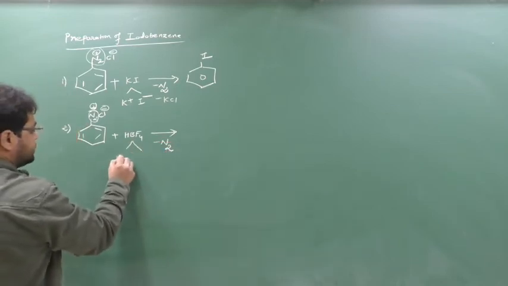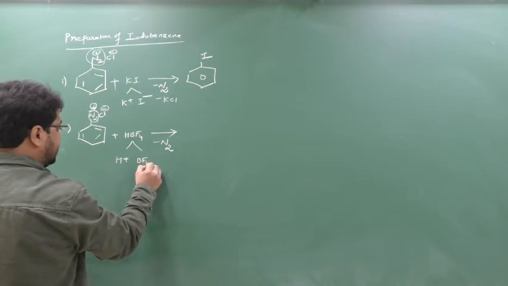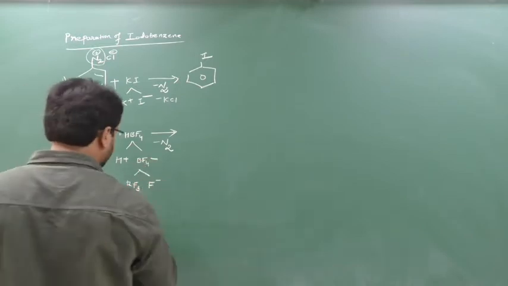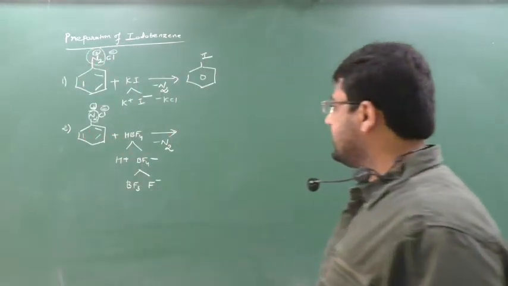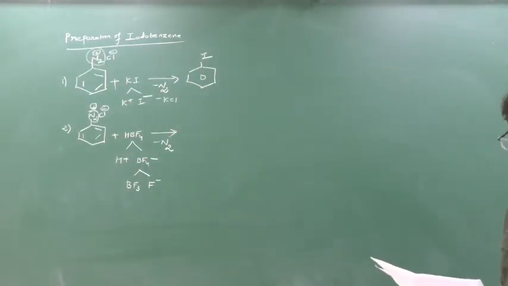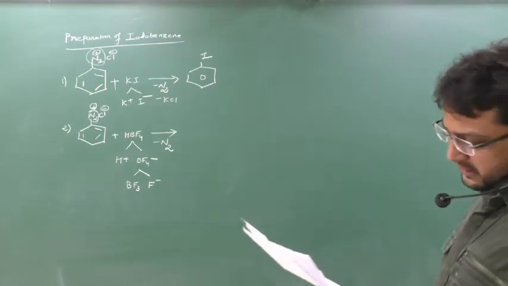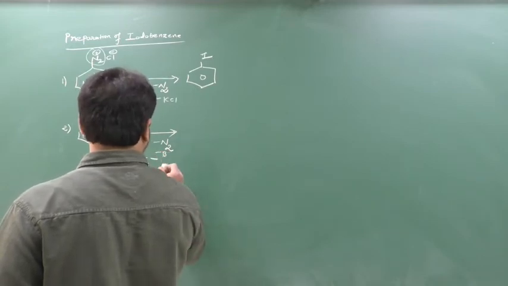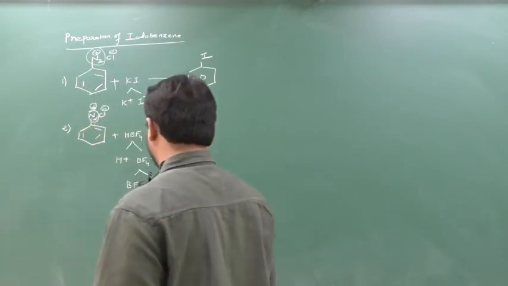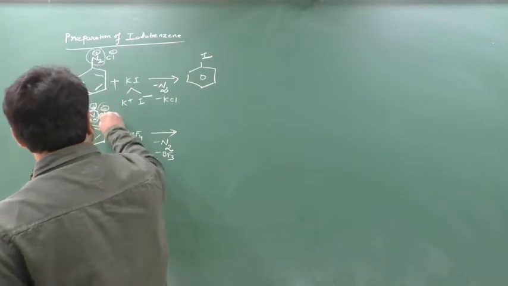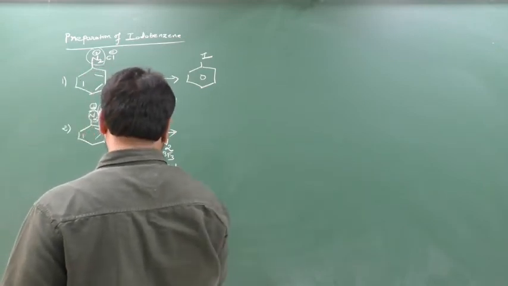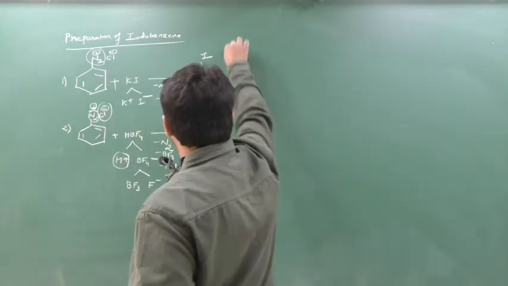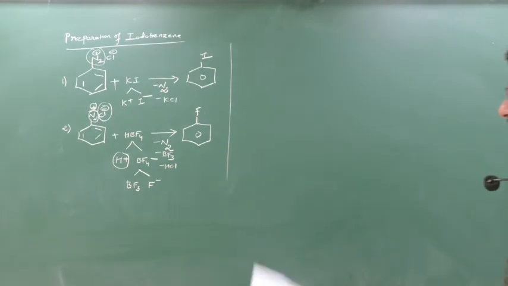Split this: H plus and BF4 minus; split this also: BF3 and F minus. BF3 is boron trifluoride and will be removed here. This H plus and Cl minus, HCl also will be removed, and here you will get fluorobenzene.